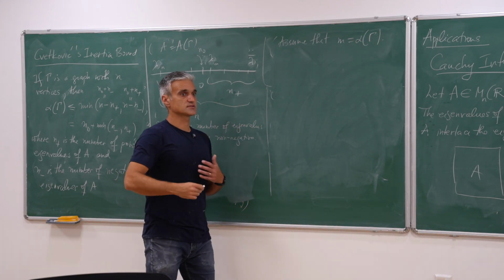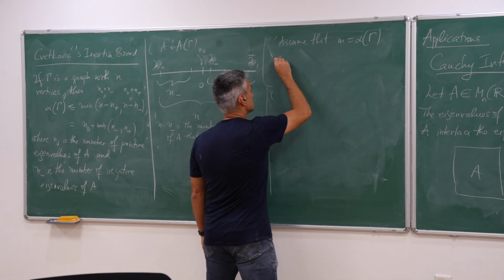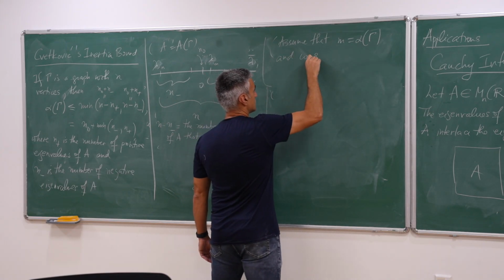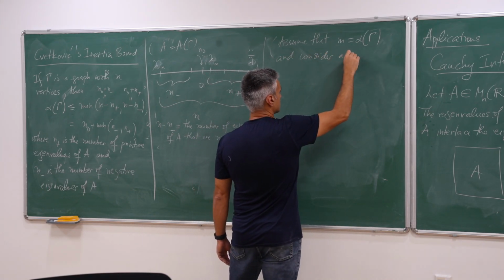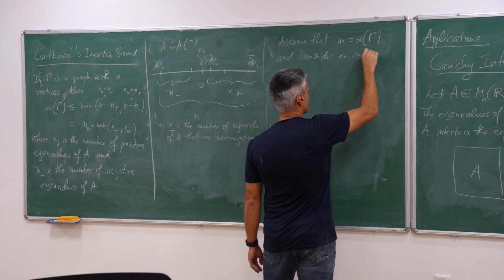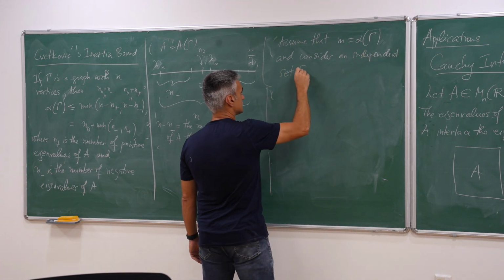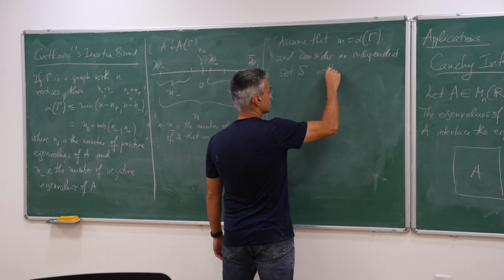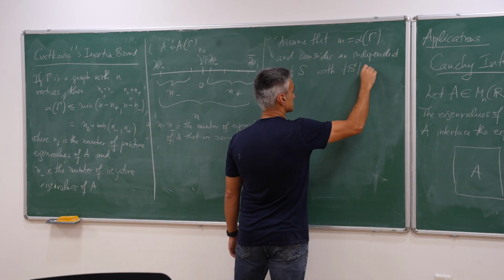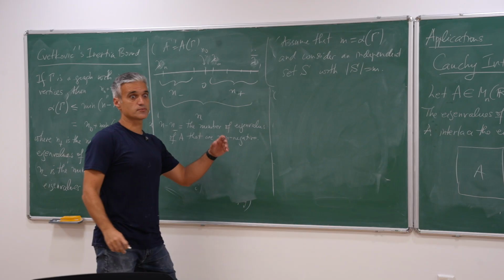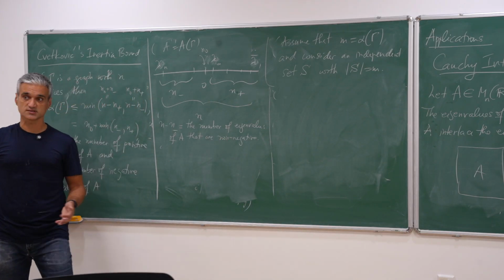And consider an independent set S with cardinality M. So you have M vertices such that no two of them are adjacent to each other.